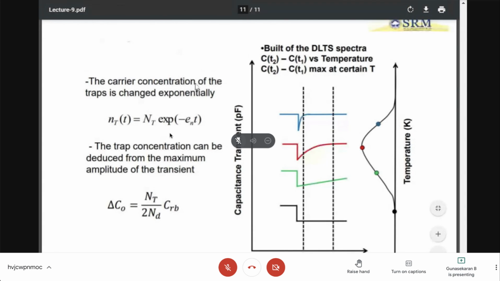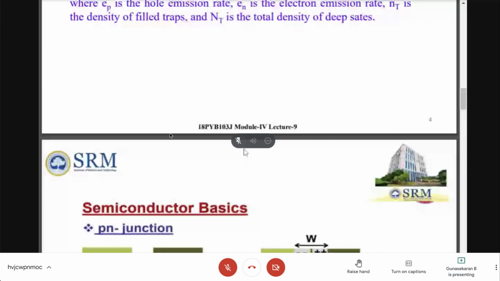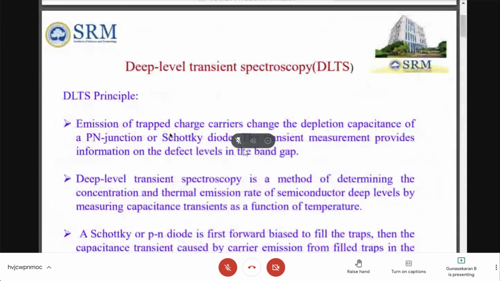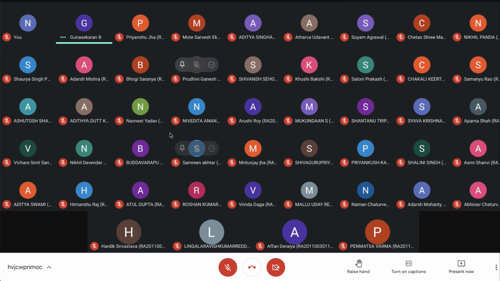If there are no doubts, I will stop the share screen. Just wait. Any clarifications here?